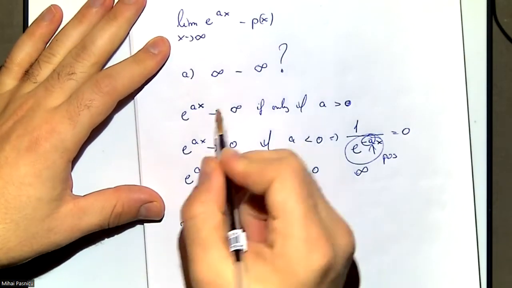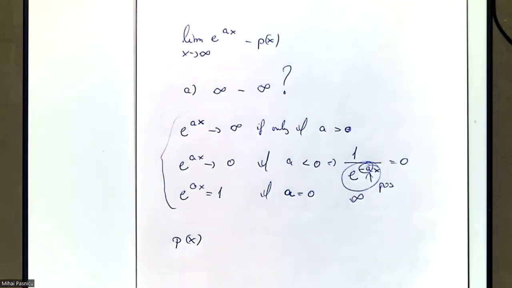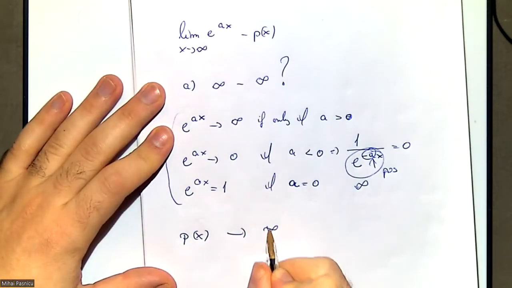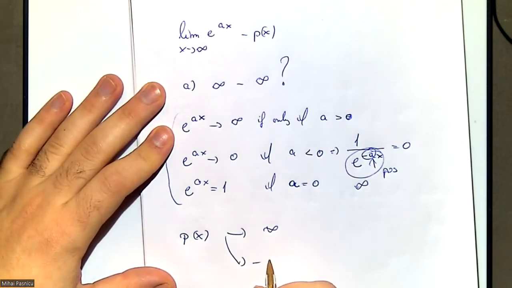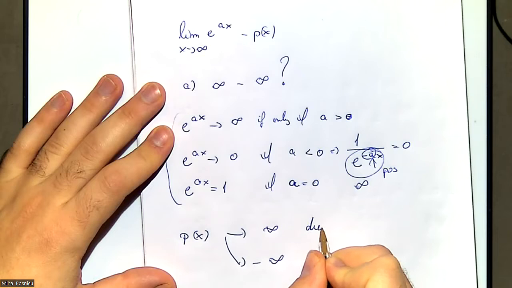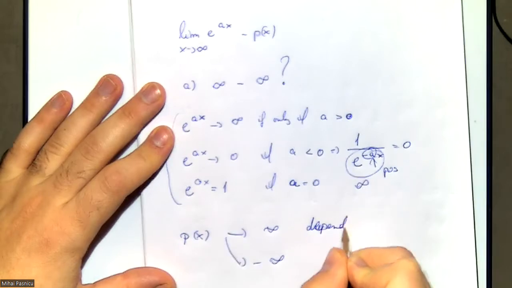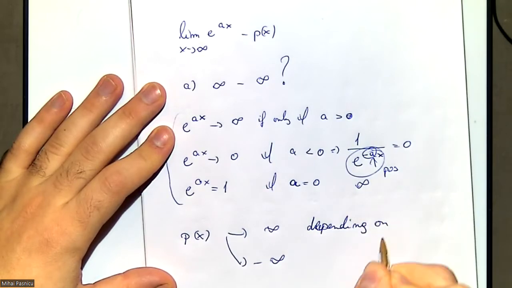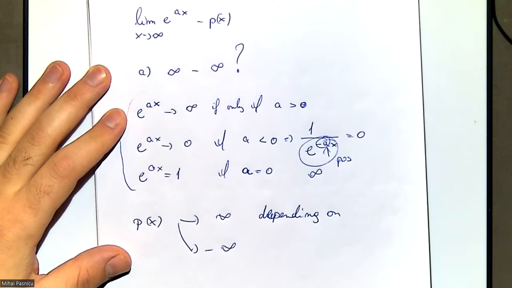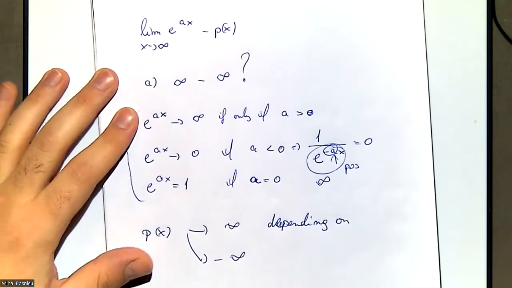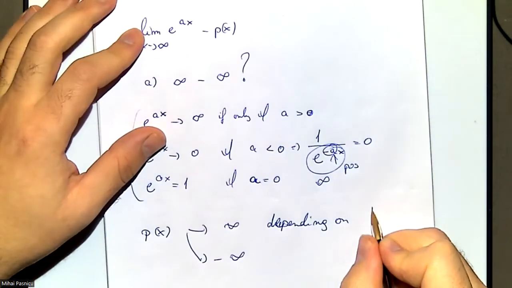Again, so this up top hopefully made sense, or at least you can try to understand it. This polynomial rule: since it's a sum of powers of x, the polynomials either go to infinity or to minus infinity, depending on the dominant coefficient, which is the coefficient of the biggest power.